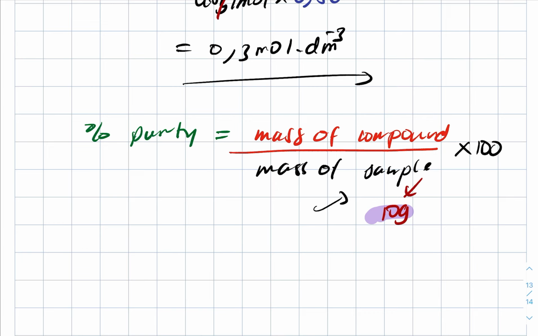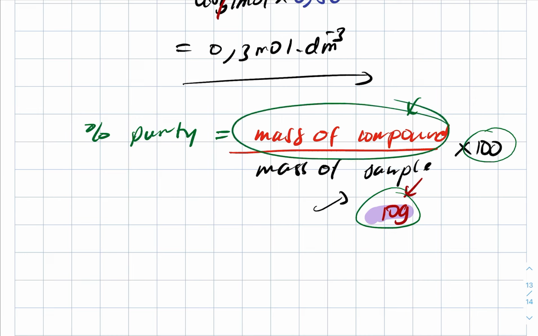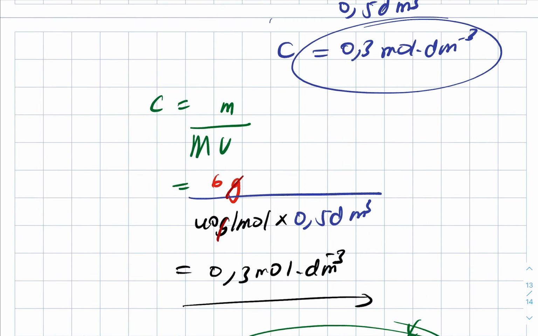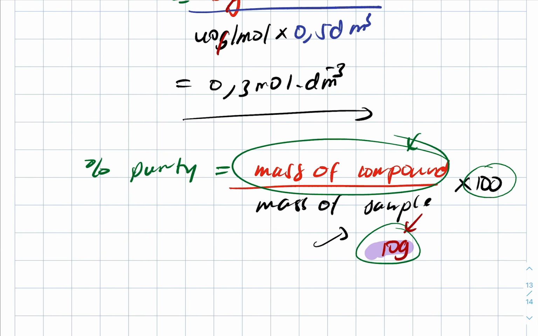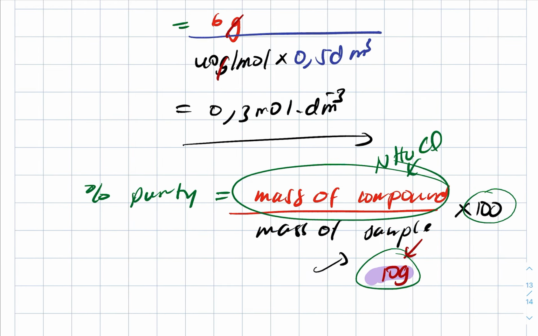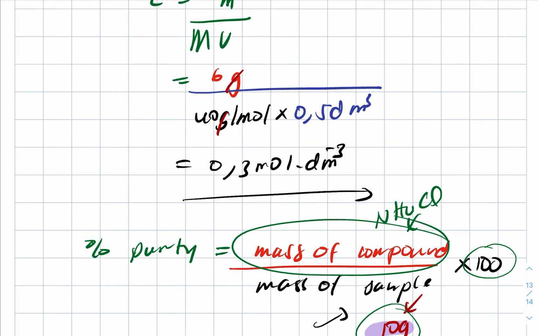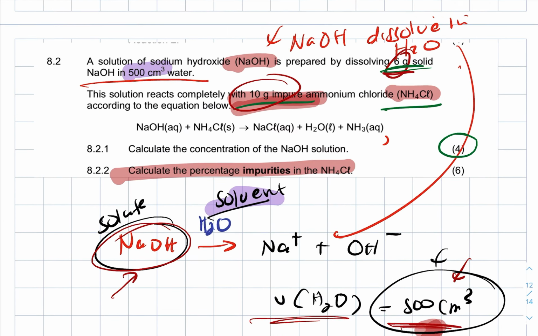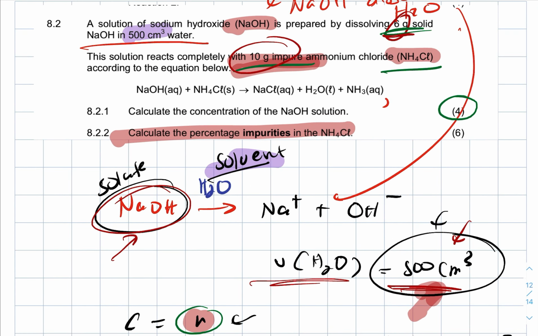The question then becomes, in this equation we only actually need 3 things. The question is, what is the mass of a compound? The mass of a compound here is the mass of your ammonium chloride, in terms of grams, that reacted with the sodium hydroxide.